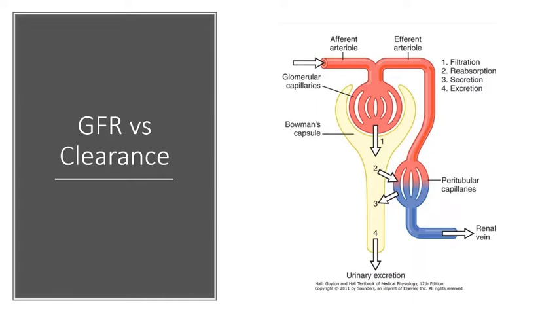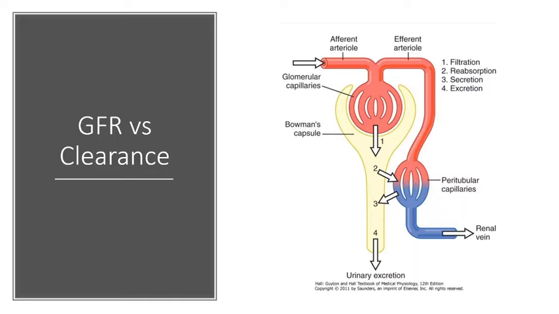Now, we normally use creatinine. Creatinine goes into the renal tubules, and then it's not absorbed, and it's not secreted by these capillaries. In a lab, you would use something called inulin.